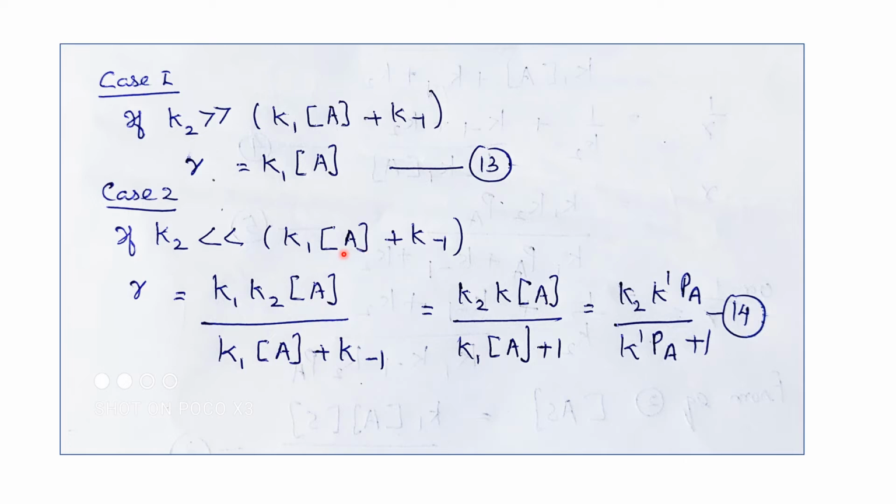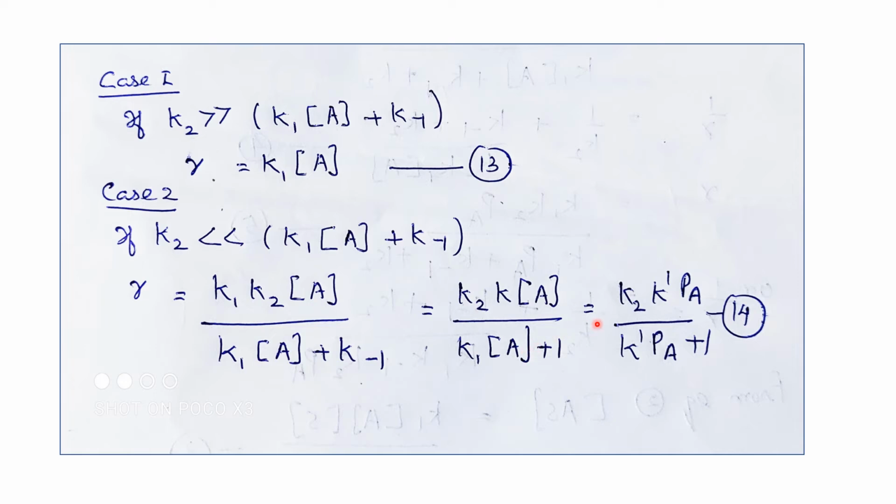Then equation 9 becomes R equal to K1 into K2 into concentration of A divided by K1 into concentration of A plus K inverse 1. That is equal to K2 K into concentration of A divided by K1 into concentration of A plus 1.